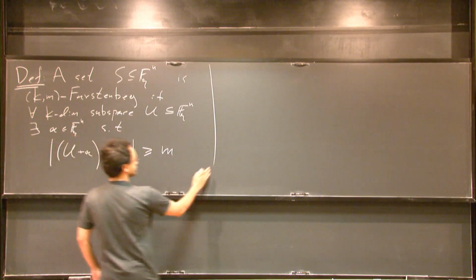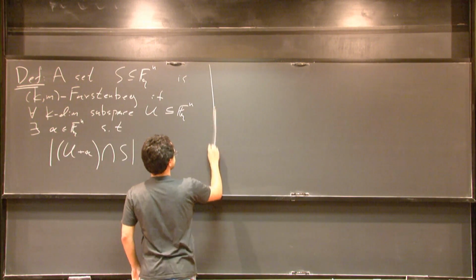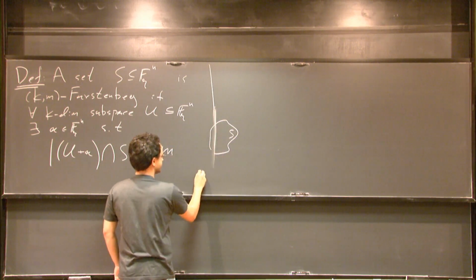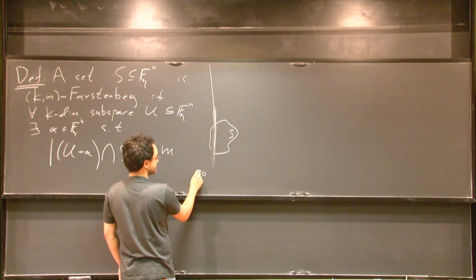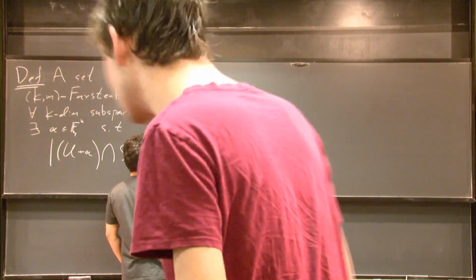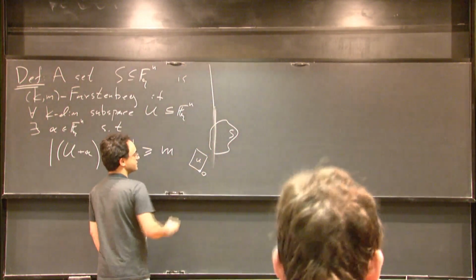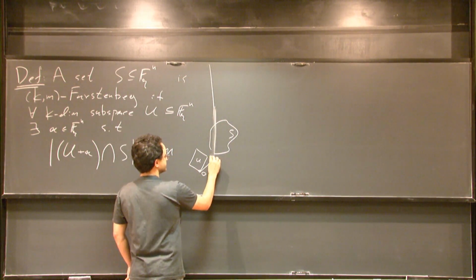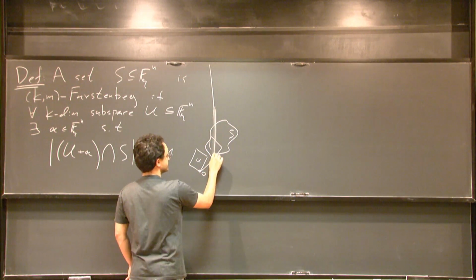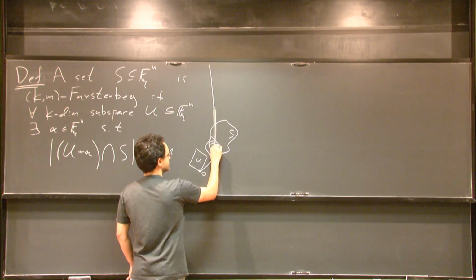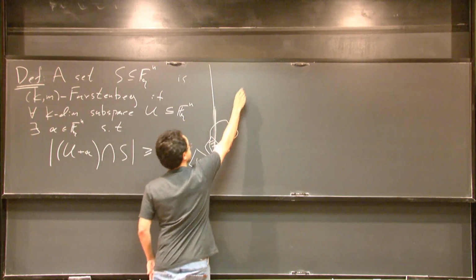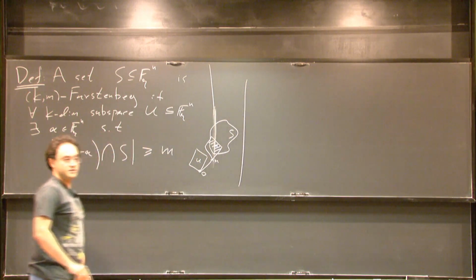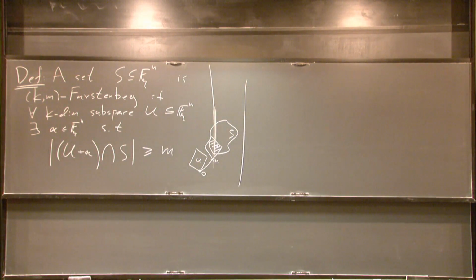If you draw a picture, this is your S, this is the origin. A subspace U is, let's say, a plane through the origin. You can add some vector A such that after this shift, there are at least m points here. You can do it for any such subspace.